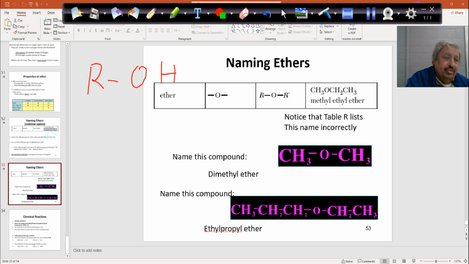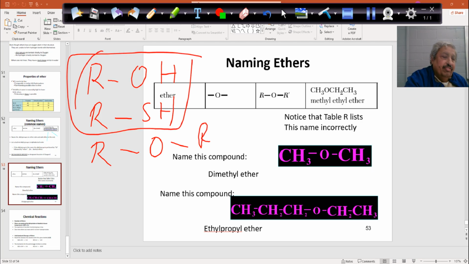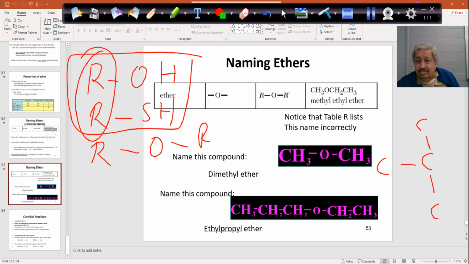So if this is R and SH, and then you have R, OR. Now those two here, same thing. The bigger the R, the less reactive the alcohols, phenols and thiols. Are you following me here? So the alcohols and thiols will be less reactive if you have a huge, bulky R. When I say bulky, you have something like this, not tertiary, then it goes further than this.